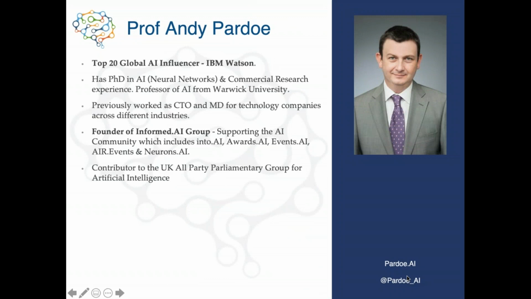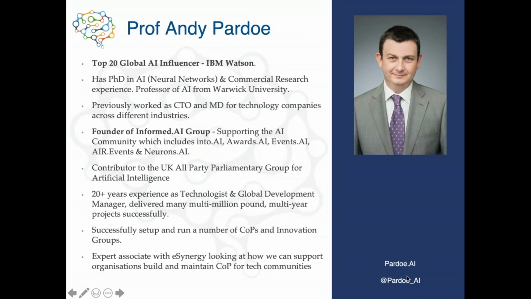My name's Andy Pardo. I'm a technologist by background. I have a PhD in artificial intelligence, specifically neural networks. I've worked as a CTO and an MD for tech firms. I've spent about 20 years working in investment banking as well, and through all of that have had a number of opportunities to set up different communities of practice.